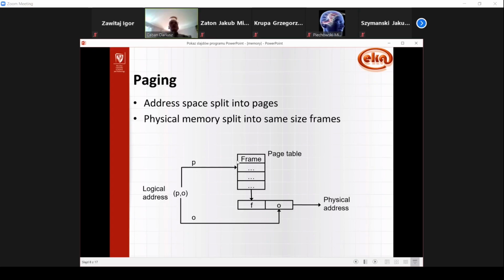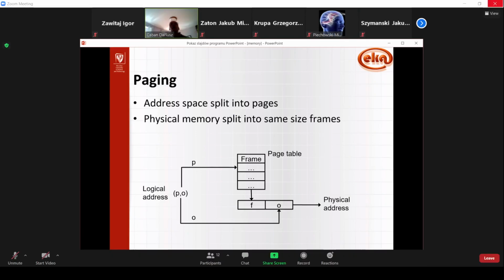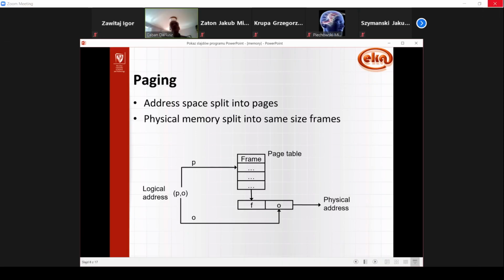At the beginning of the program, the loader looks inside memory for all the frames which are not in use, and allocates for each page of our program a different frame. They do not need to be one after the other.